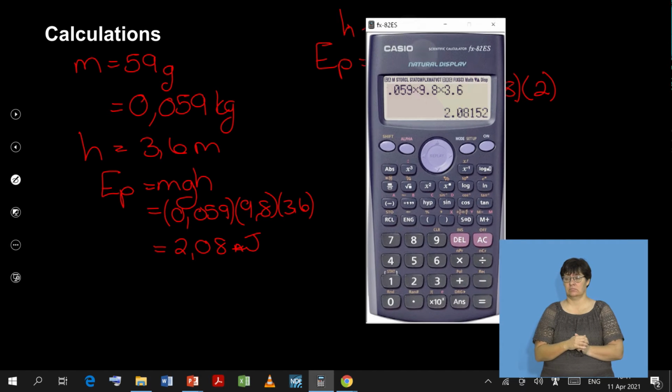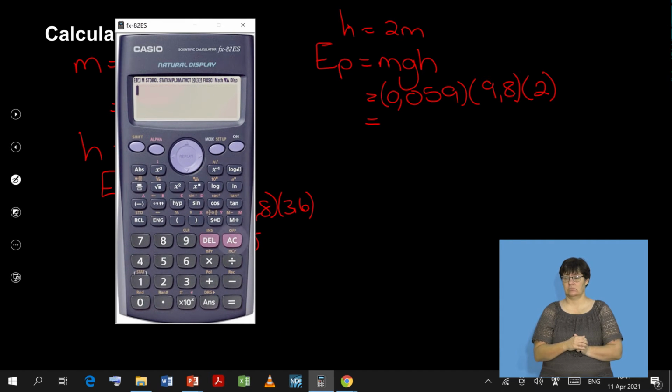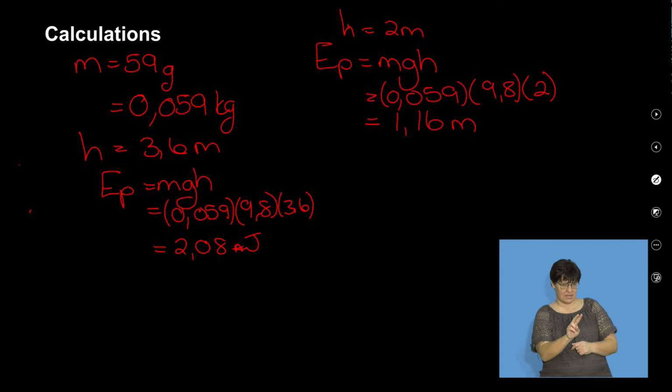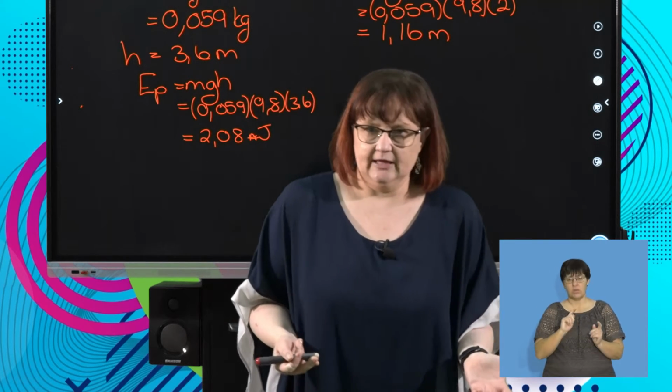Have to use our calculators. All right, so let's do the calculation, and we get 0.059 times 9.8 times 2, and has to be a decimal, so we've got 1.16, because we're going to do 2 decimal places.